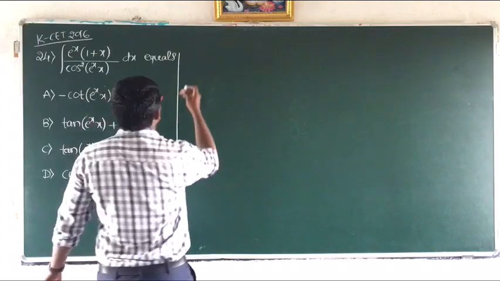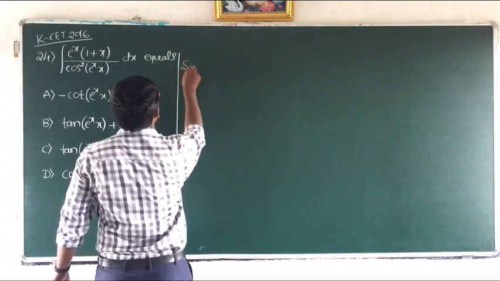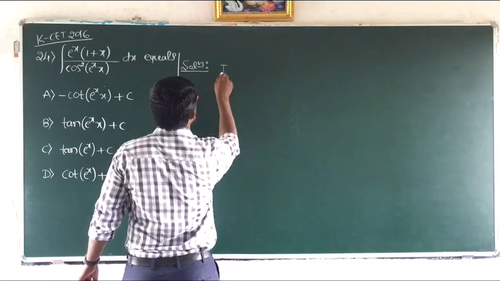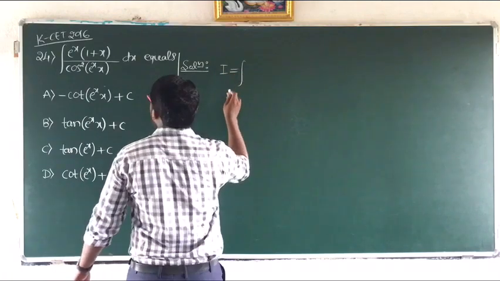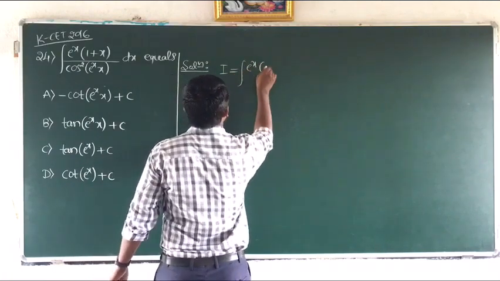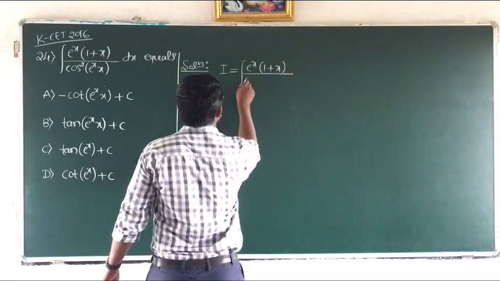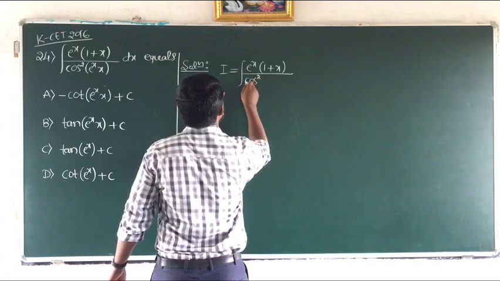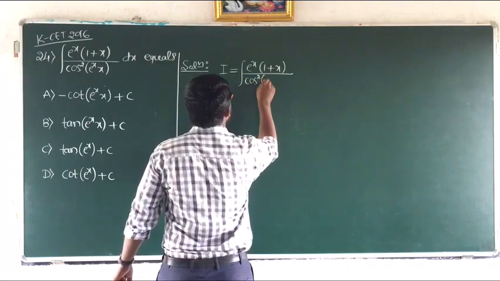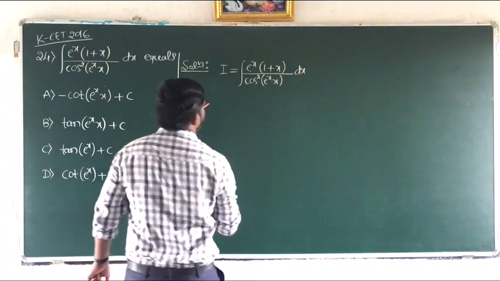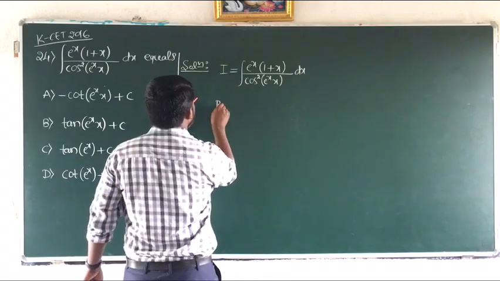So here I take this as I which is equals to integral e raised to x into 1 plus x divided by cos square of e raised to x into x dx. So now I go for the substitution.